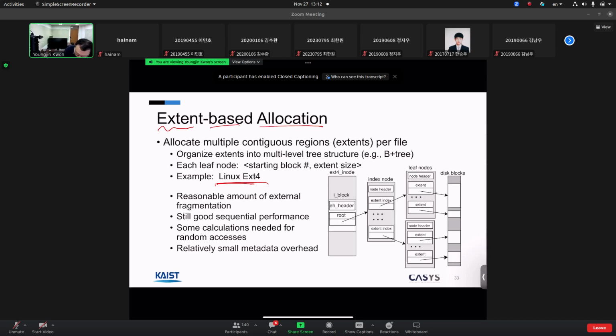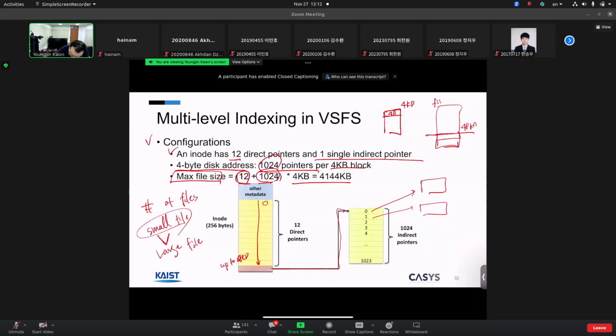We allocate a multiple contiguous region. We call it an extent. In an index block, each entry only points to 4 kilobytes.